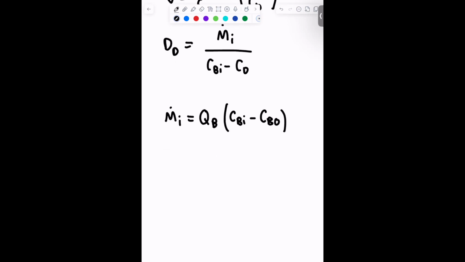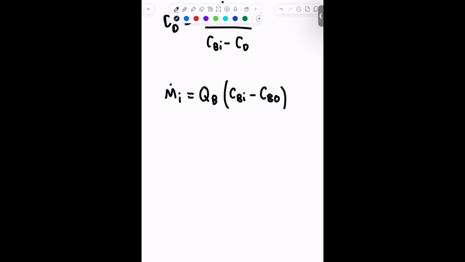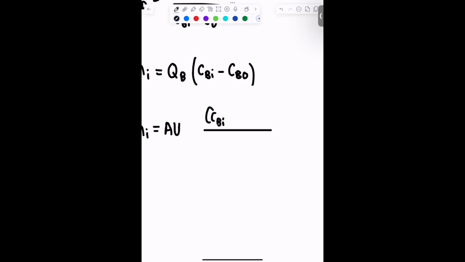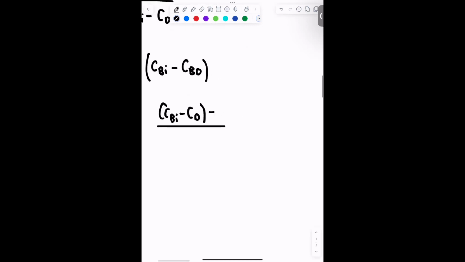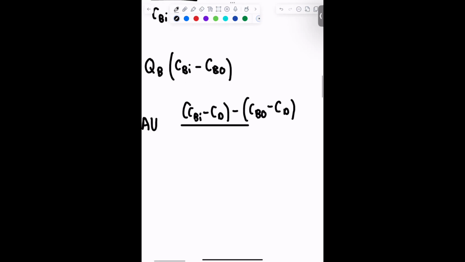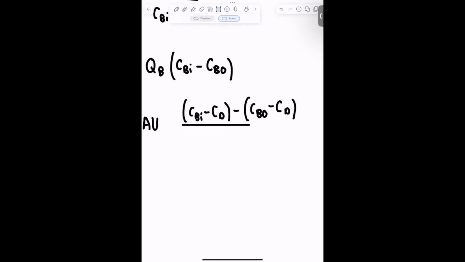Using this equation and a couple derivations, we have M dot equals AU times CBI minus CD, just like before, minus CBO minus CD. So basically, this top line is the same as this over here.